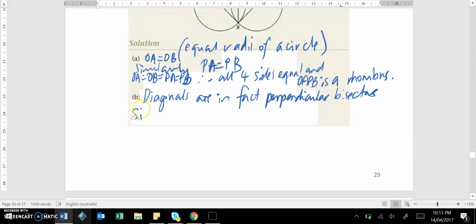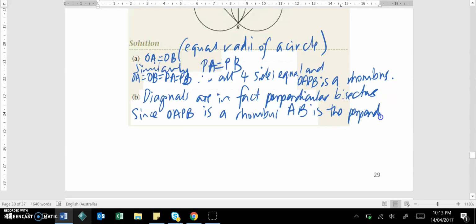Then you can say, since OAPB is a rhombus, AB is the perpendicular bisector of OP from diagonals.